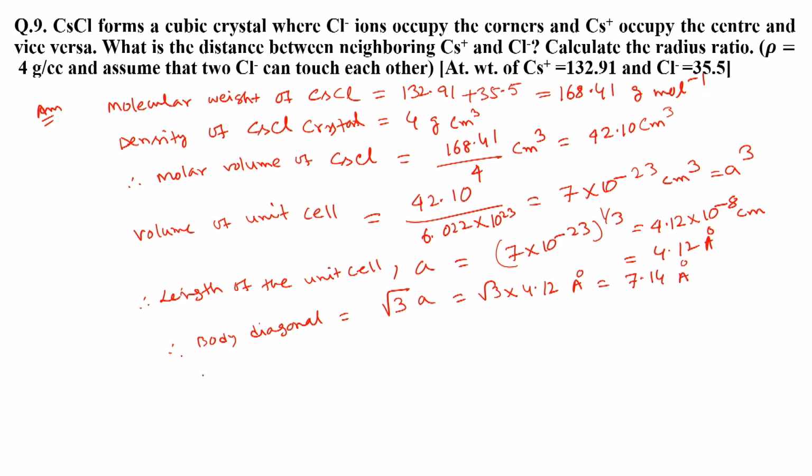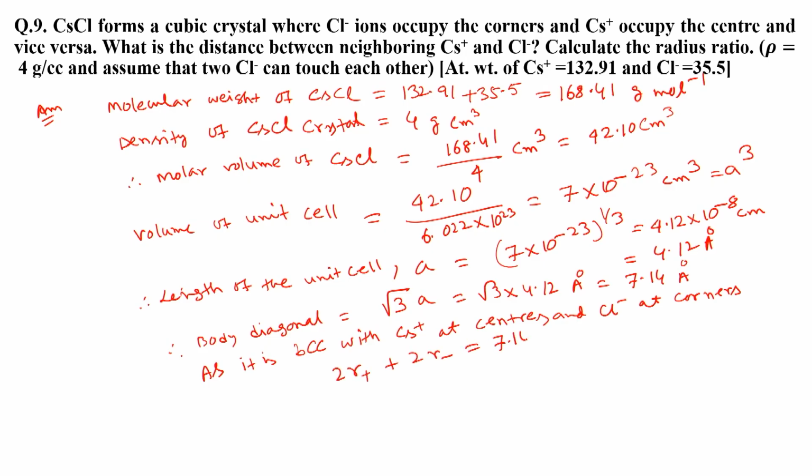Okay, so as it is BCC, with Cs plus at center and Cl minus at corners, we can write 2R plus plus 2R minus equals 7.14.